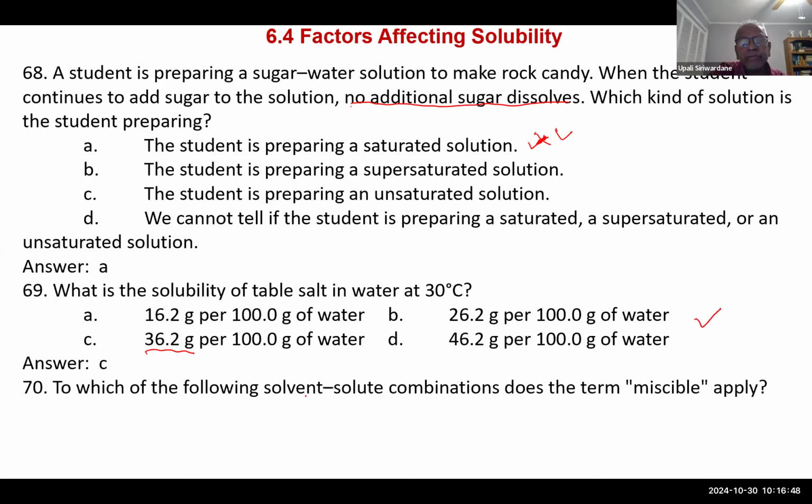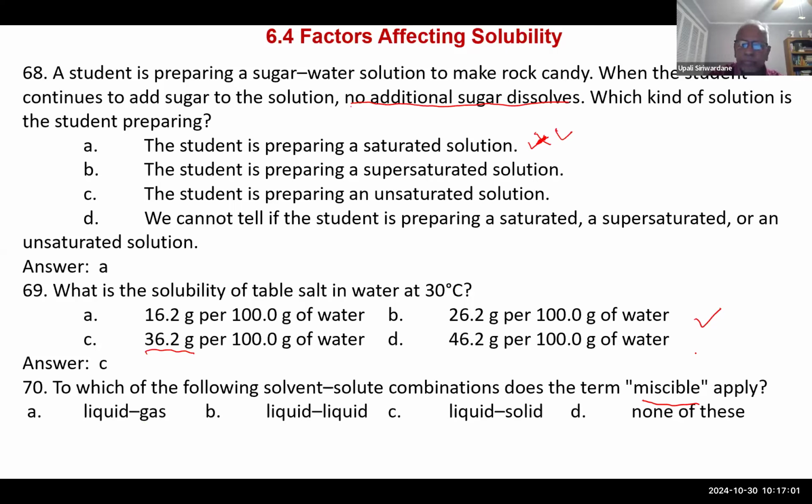To which of the following solvent-solute combinations does the term miscible apply? Miscible means soluble. Miscible is mainly for liquids.